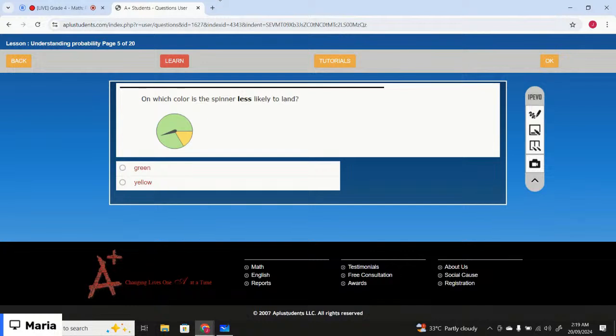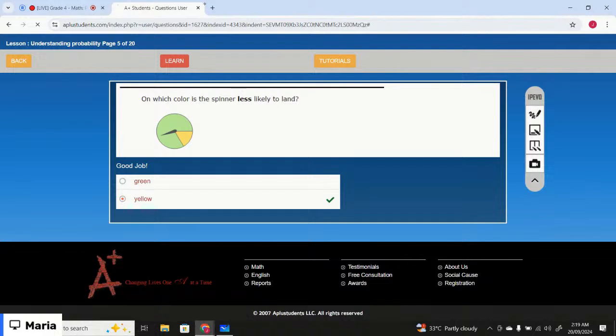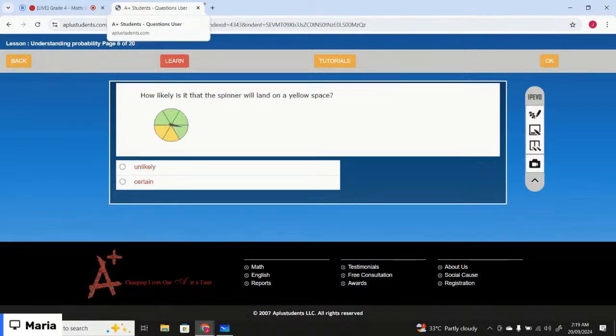It is right because the spinner has less yellow portion, so it will be less likely to land on yellow.